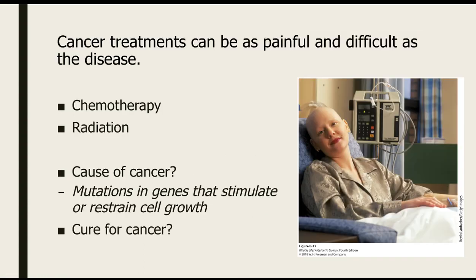You are probably familiar with the idea of chemotherapy and radiation. Both of which are known to slow down the growth of these tumors. For chemotherapy specifically, you have drugs that are interfering with the way that cells divide. So any cell that's dividing rapidly is going to die.